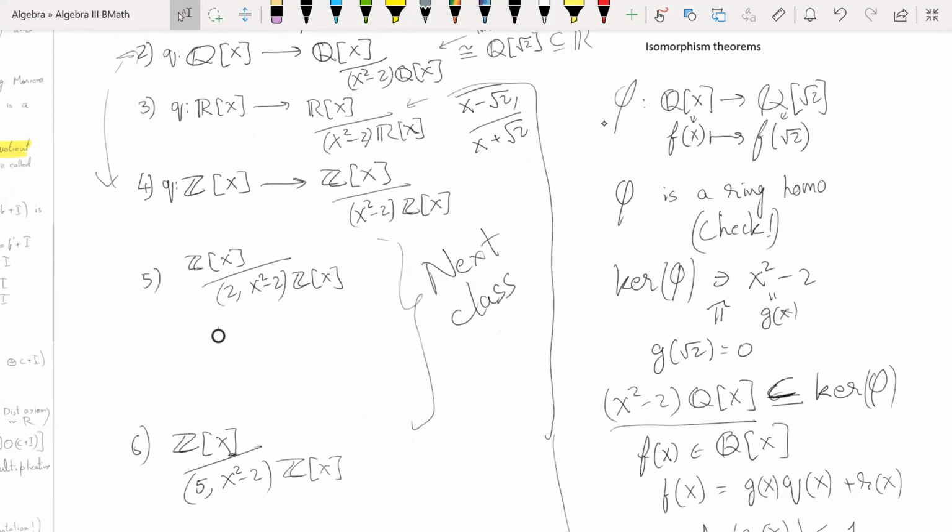QX is in some sense very similar to the ring Z. It may not look like it, but in terms of ideal theory, it's very similar to Z, but ZX becomes much more complicated. So we'll see these two examples, 5 and 6, in the next class.